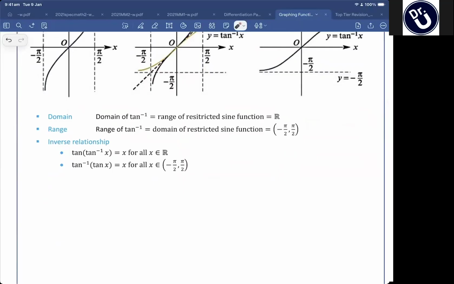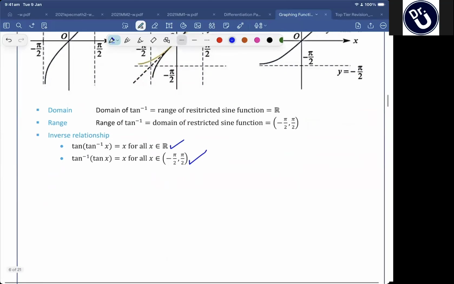This relation we already know, right? Other way around also we know. So now let's try to understand.